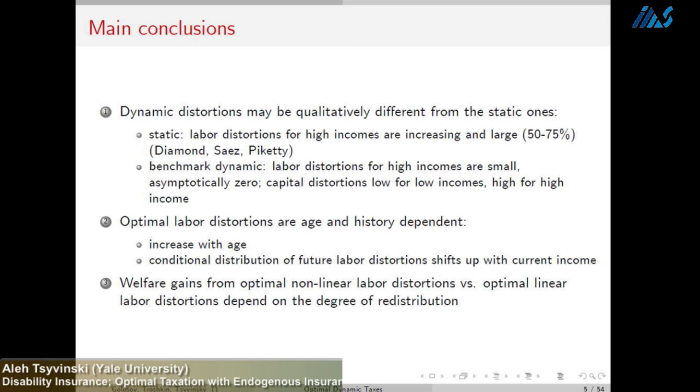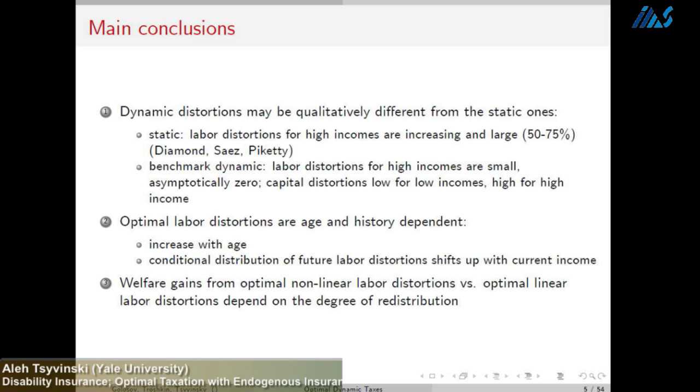OK. So what's going to be the main conclusion of this paper? There are going to be three main conclusions. The first one is that dynamic distortions are going to be quite different from those you would get if you built your policy recommendations based on static optimal taxation exercises.